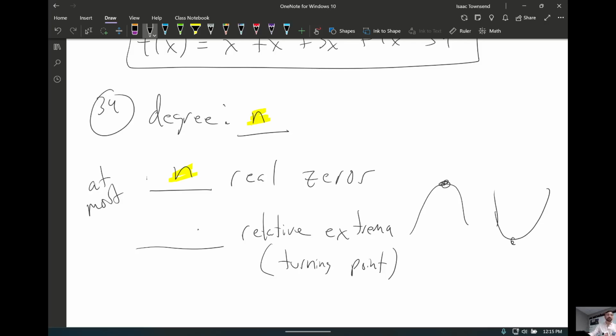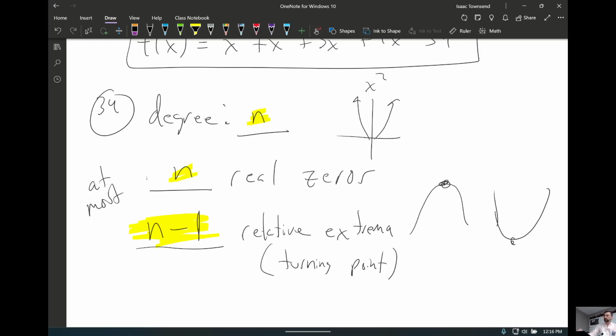If it's a min, it's changing directions. So basically, how many times can it change directions? And that is one less than whatever the degree is. Now, I don't know if I have verbalized that with y'all, but that should make sense to you. Because if you think about like x squared, degree is 2, that means it could have at most one turning point. It's got to turn around somewhere.